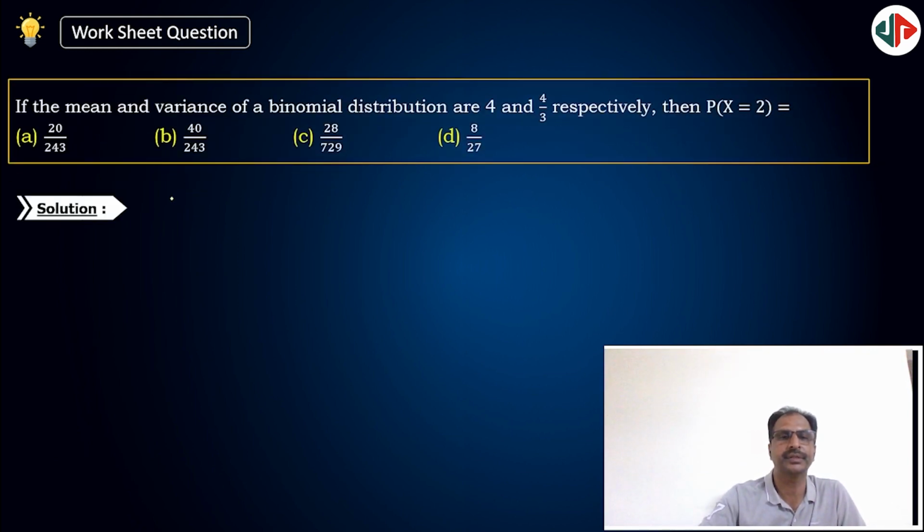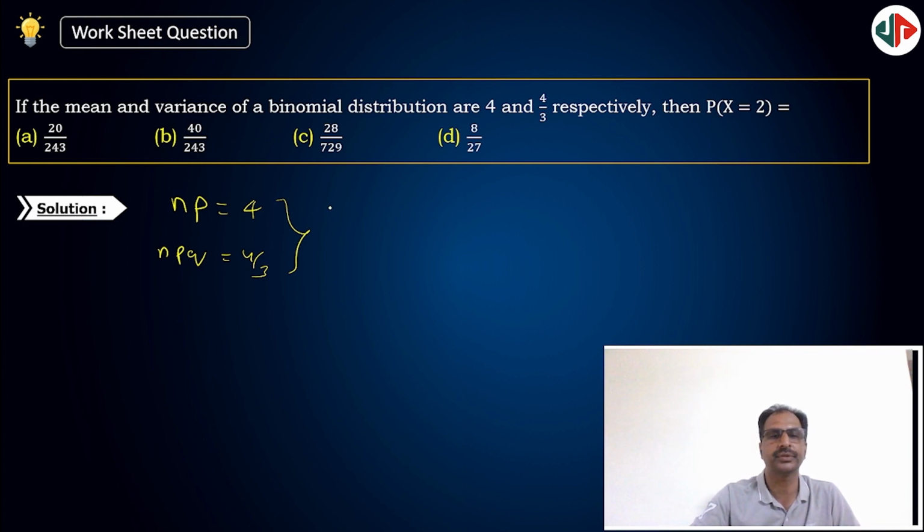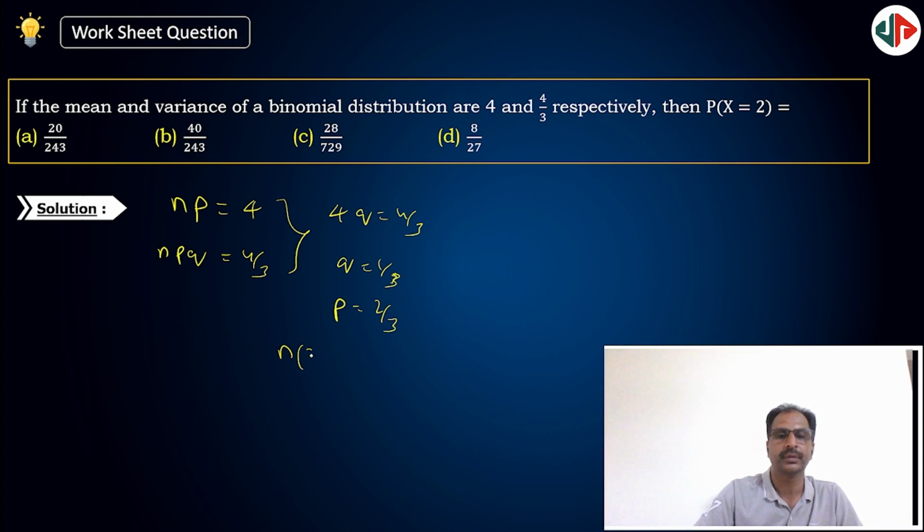Next, mean and variance of a binomial distribution. Here, mean is NP, variance is NPQ. If we solve these two, 4q is equal to 4 by 3, q will be 1 by 3, p will be 1 minus 1 by 3, 2 by 3. So n into 2 by 3 is equal to 4, so n is equal to 6.